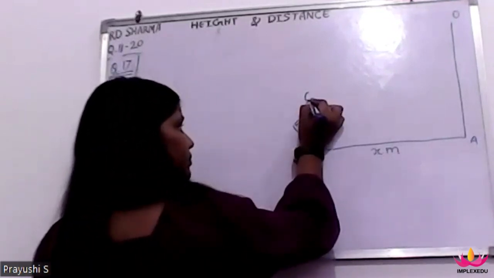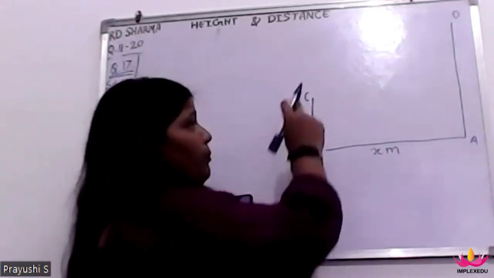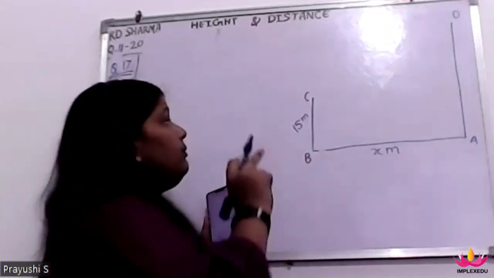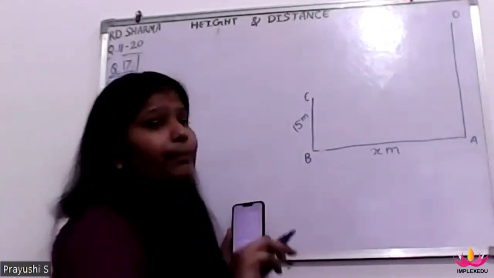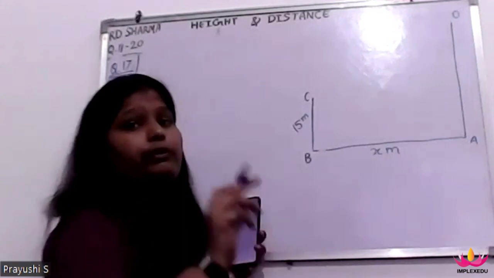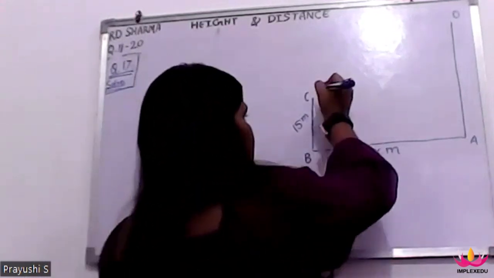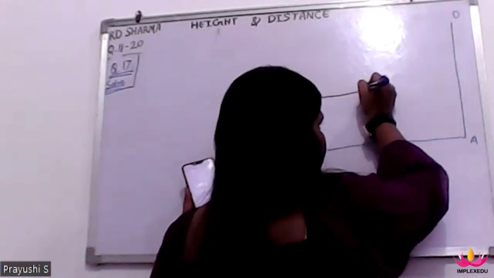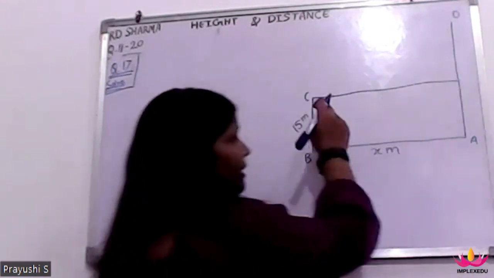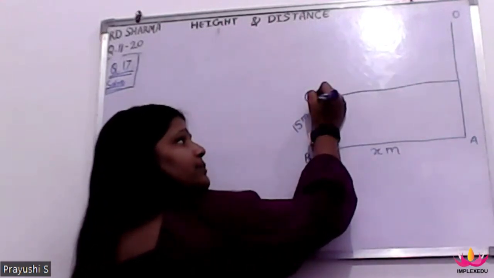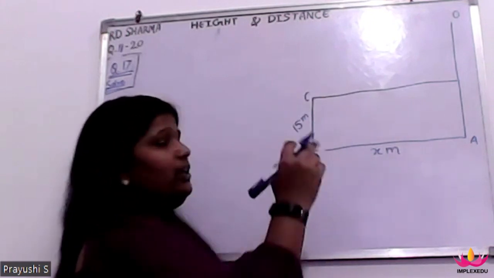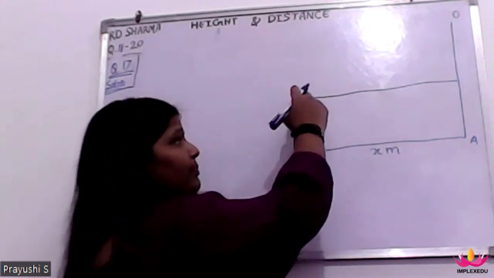Now it is said that from the top of the building, the angle of elevation of the top of the tower is 30 degrees. So from here, it will be this point, because the angle is from here, so the horizontal level will be between C.